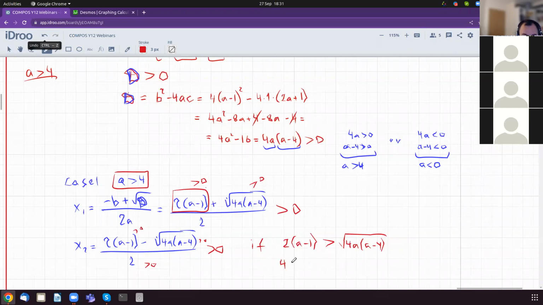This is going to be 4a squared minus 2a minus 1 greater than 4a squared minus 16. So I'm squaring both sides, and then 4a squared minus 8a minus 4 greater than 4a squared minus 16.